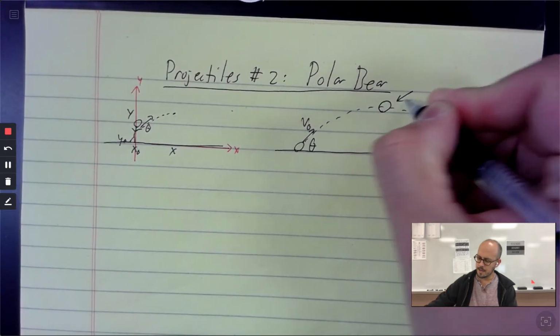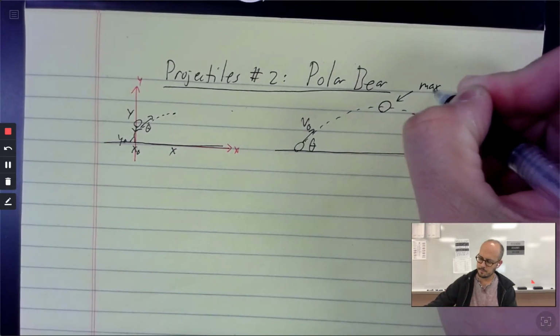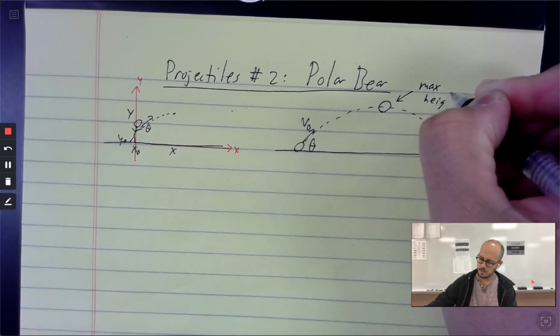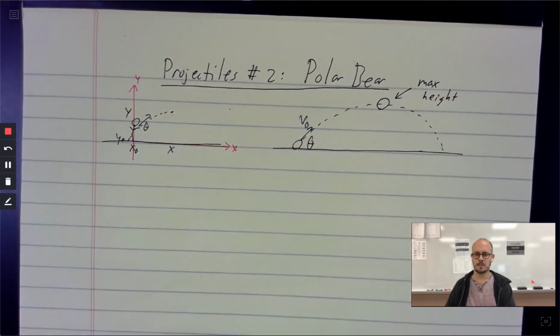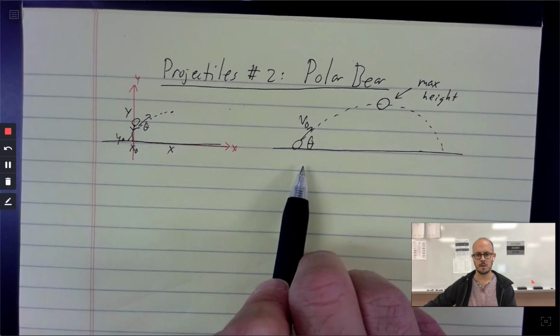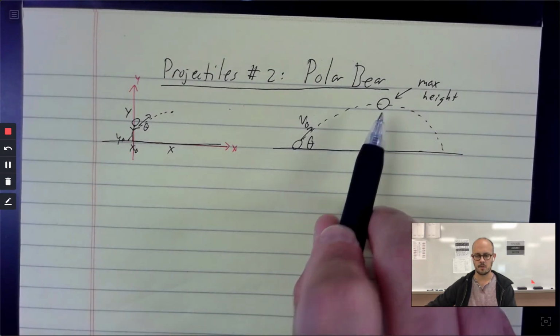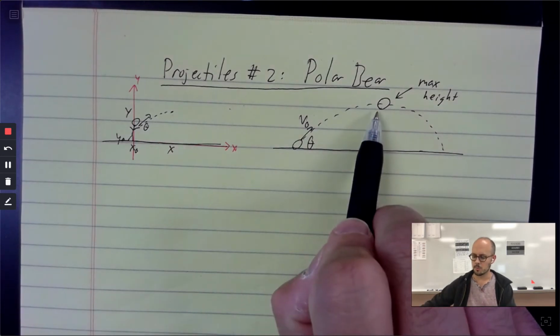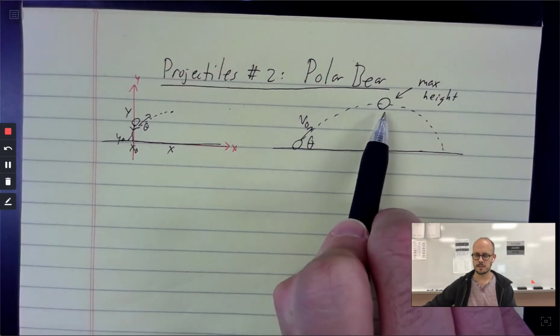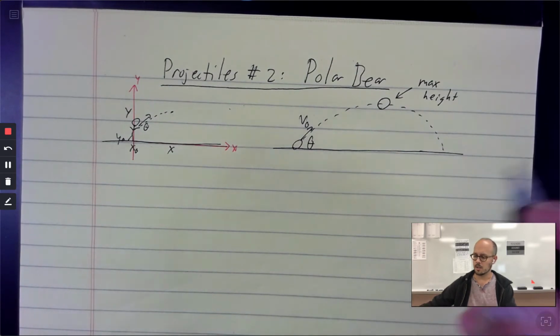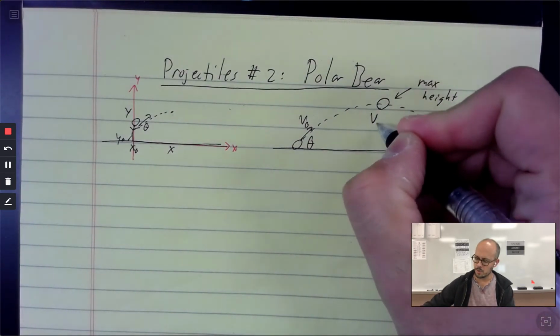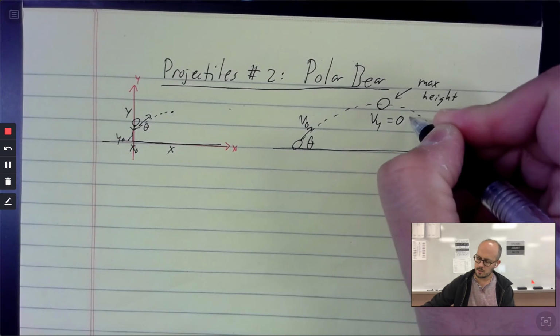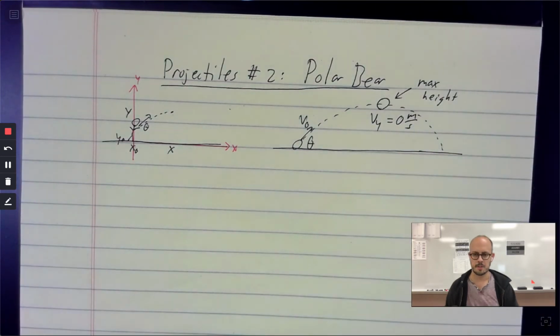At that maximum height, it is the maximum height because that object used to be moving upward, but acceleration due to gravity has slowed it to a stop. It is still moving, but it's no longer moving up, and it hasn't yet started to move down. So that is the moment where the vertical velocity is equal to 0 meters per second.